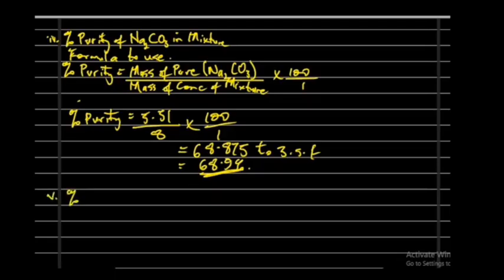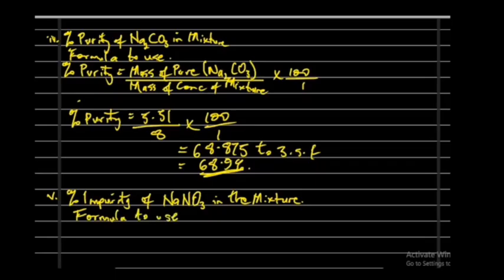And then calculating percentage impurity of sodium trioxonitrate in the mixture. The formula to use: percentage impurity equals 100 minus percentage purity.